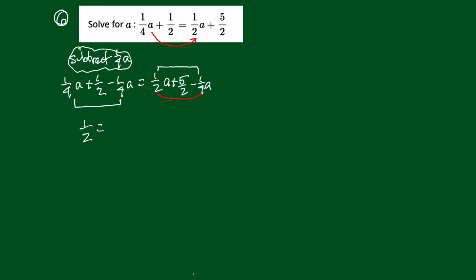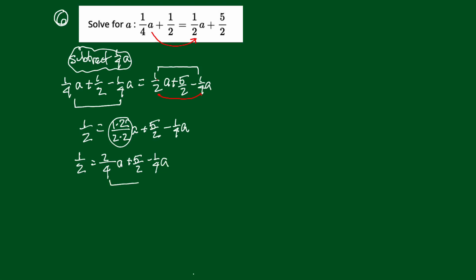So what I'm getting here is 1 times 2 over 2 times 2 A plus 5/2 minus 1/4 A. Next line, I have 1/2 is equal to, now right here, 1 times 2 is 2 on the top, 2 times 2 is 4 on the bottom, A, plus 5/2 minus 1/4 A.